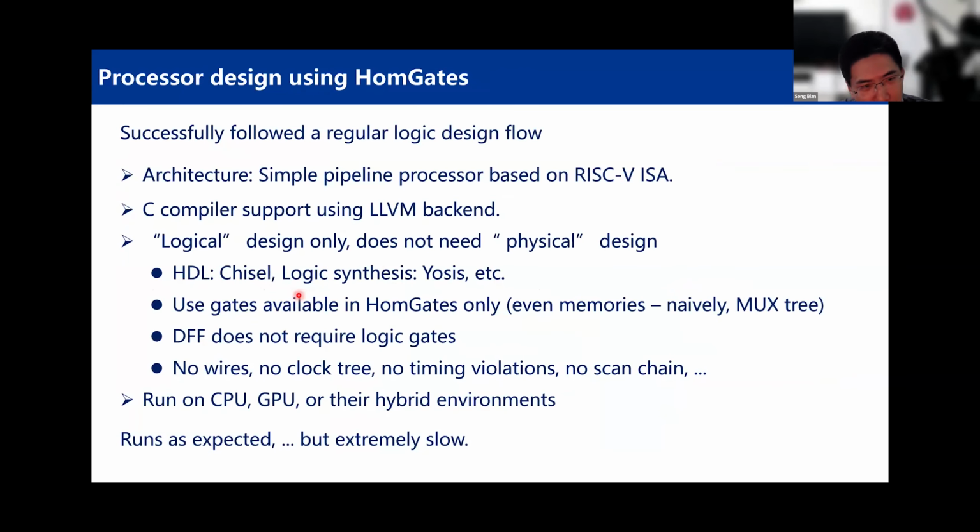And just some small points: first, the processor architecture we're going to show a little bit later is a simple pipeline processor. And I think we were the first to explore how to design a pipeline processor, or what a pipeline really means on FHE.